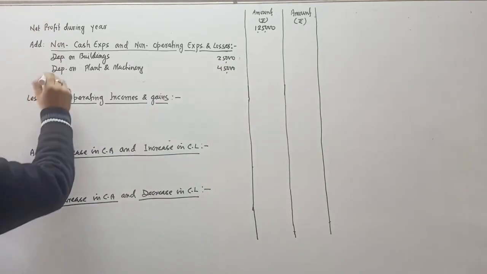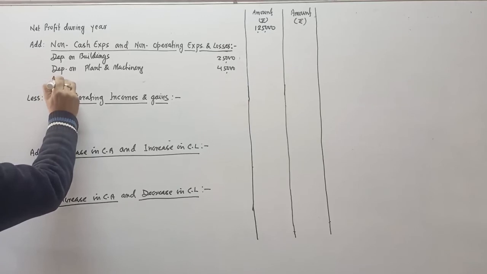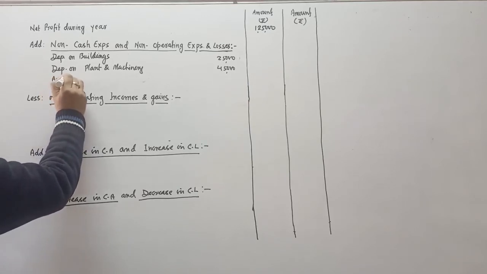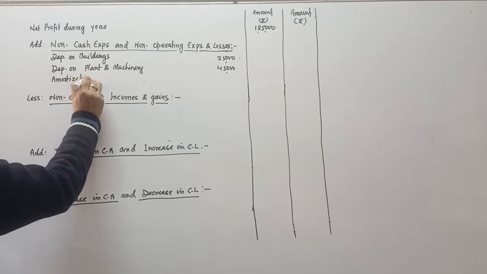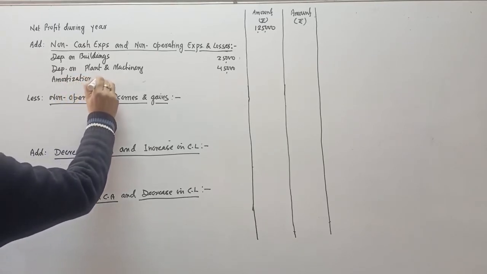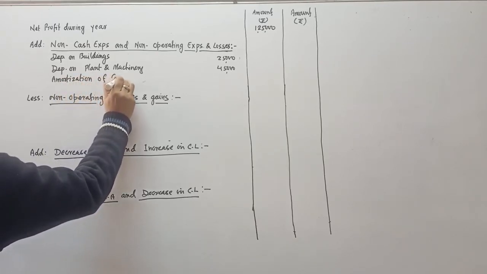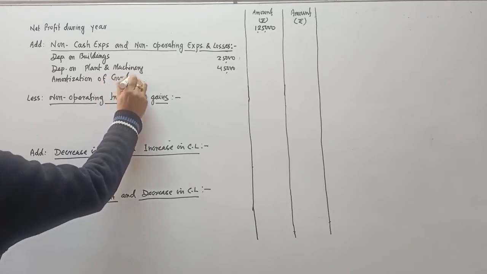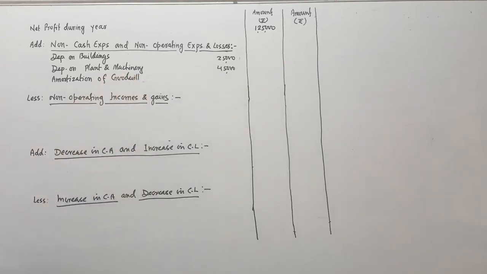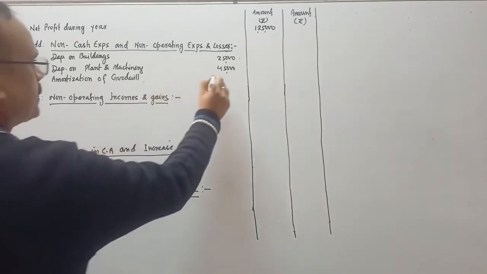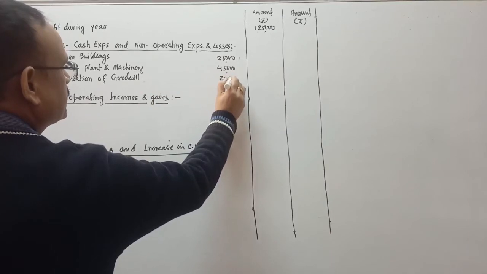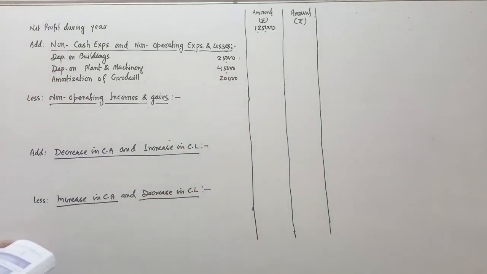Thereafter, amortization of goodwill. It means depreciation on intangible assets. Goodwill is an intangible asset, so for depreciation on intangible assets the word used is amortization. It is 20,000. It's also a non-cash expense.